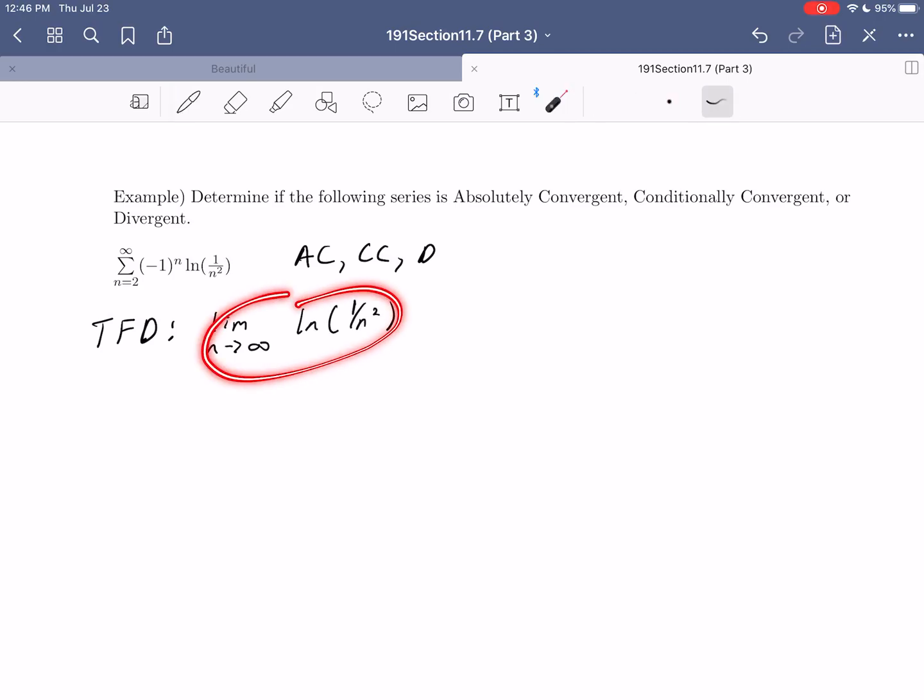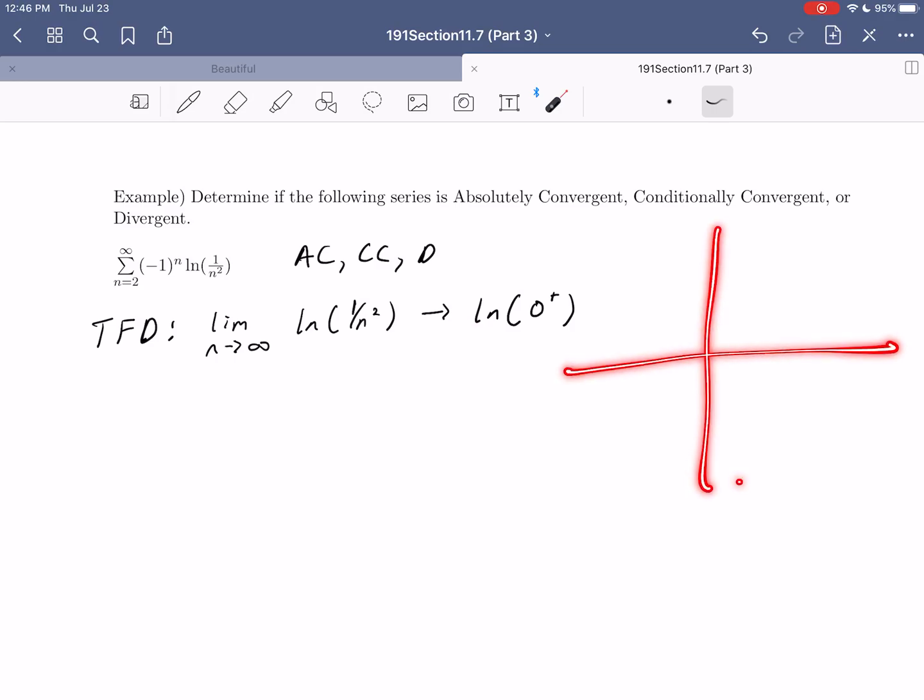And what happens in this? Well, as n goes to infinity, that 1 over n squared approaches 0. So technically, this is approaching 0 from the slightly positive side, right? Because if n is going towards infinity, 1 over n squared is approaching 0 from the right. So what happens to ln? Well, remember, ln looks like this, and we're coming in like that as we approach 0.